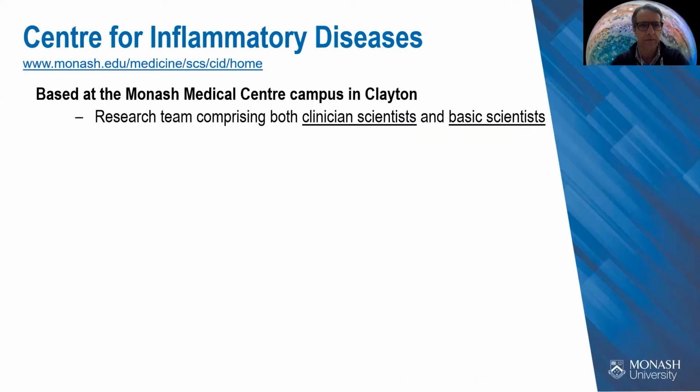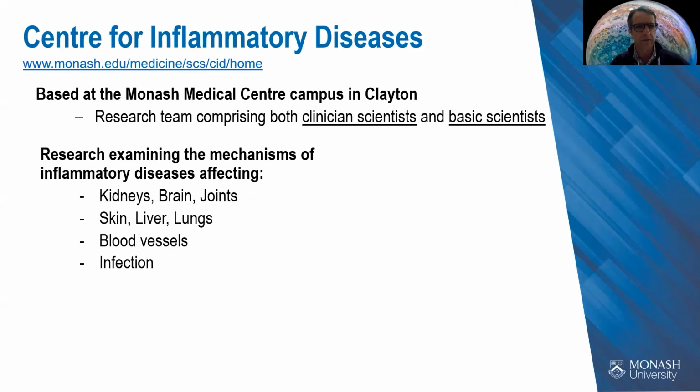So what is the Centre for Inflammatory Disease? Well, we're located, as you might have seen with the previous presentation, on the Monash Health Translation Precinct campus at Monash Medical Centre. We're a research team comprising leading clinician scientists and basic scientists who investigate the mechanisms of inflammatory disease. We have particular interest in inflammatory diseases affecting the kidneys, the brain, the joints, skin, liver and lungs, blood vessels, and infection as it affects patients.